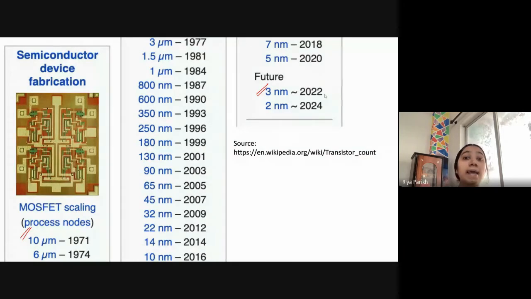And also the added R&D cost is increasing. So there is a limit to how far we can keep decreasing the size of our transistor to fit into a given area, and we are slowly reaching the roadblock for that.